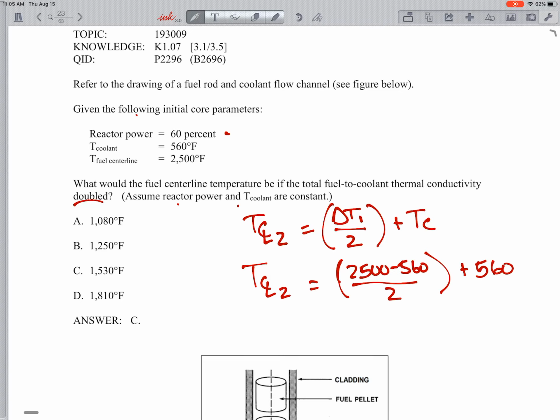Divide that by 2 is 970 plus 560. It's 1530. See, I'm being messy there. And that's going to be equal to 1530 degrees Fahrenheit.